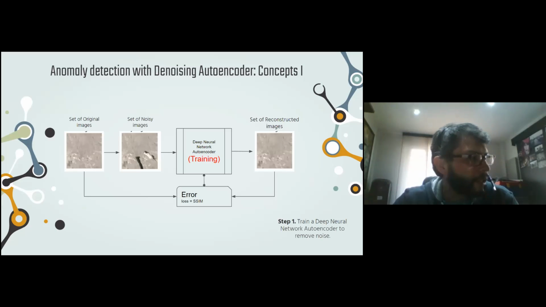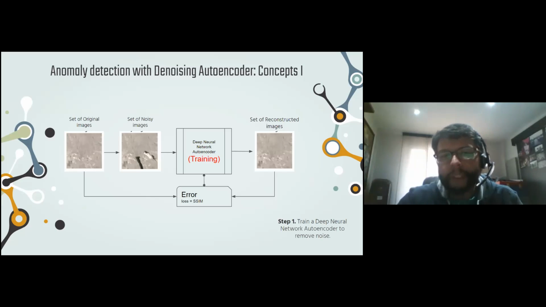Let's say that we are in one production line in one factory, and in the next slide we'll show some cylinders. But in our case, we have some walls. In this case, we have one original image, and we include noise to this original image.